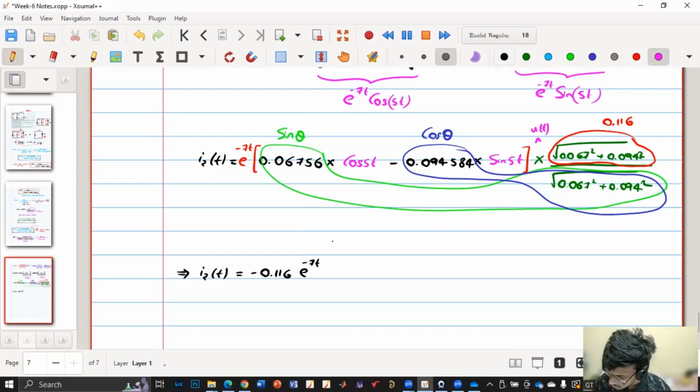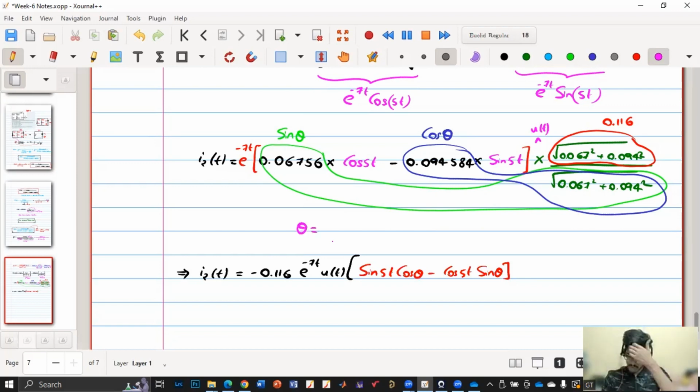So we'll have into u of t into sin 5t cos theta minus cos 5t sin theta. Whereas theta is given by tan inverse of this value by that value. So you will get tan theta to be 5 by 7. That implies theta is tan inverse 5/7.